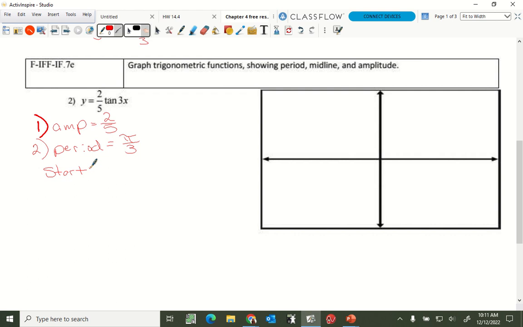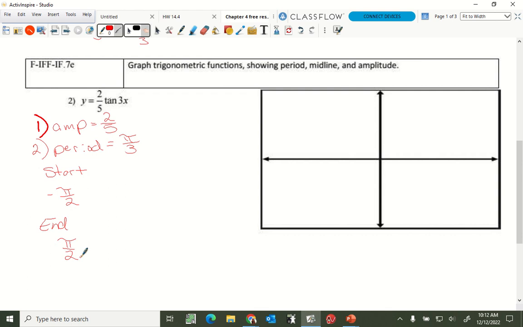Negative pi over 2. And the end, positive pi over 2. So those are important to remember. Tangent, cotangent have starts and ends. And cotangent, what would be the start for cotangent? That one was 0, and the end is pi.